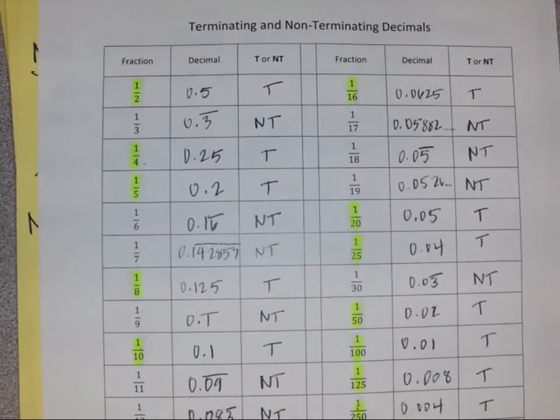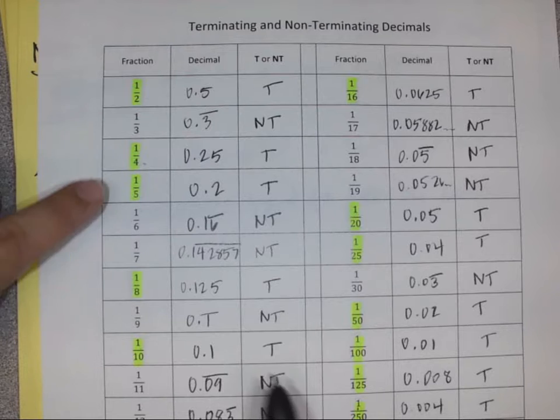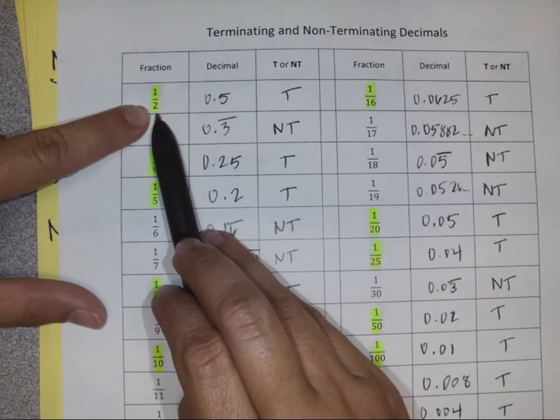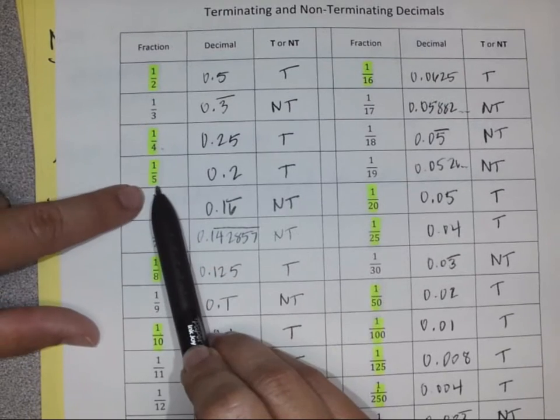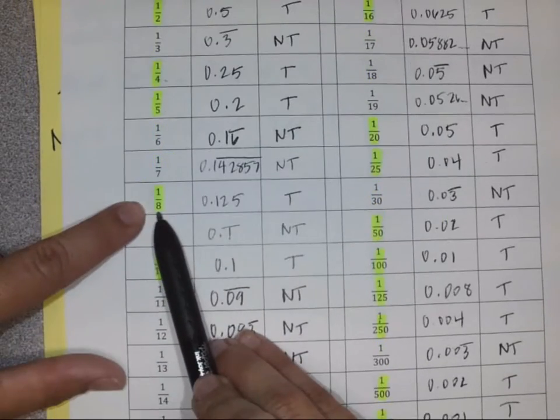We would keep on making suggestions until you would probably realize that all of these numbers are a multiple of 2 and/or 5. So it could just be a multiple of 2, it could just be a multiple of 5, or it could be a multiple of 2 and 5. If you look at this number, the denominator's a multiple of 2. This is a multiple of 2. This is a multiple of 5. This is a multiple of 2.